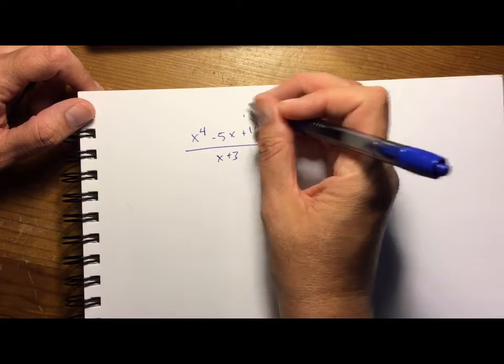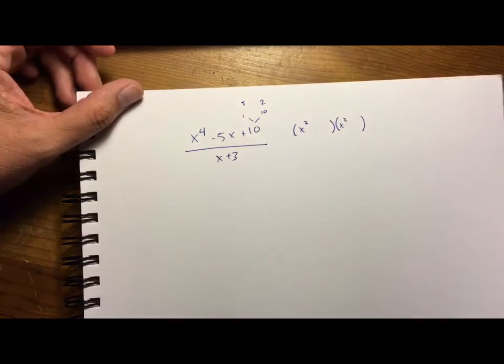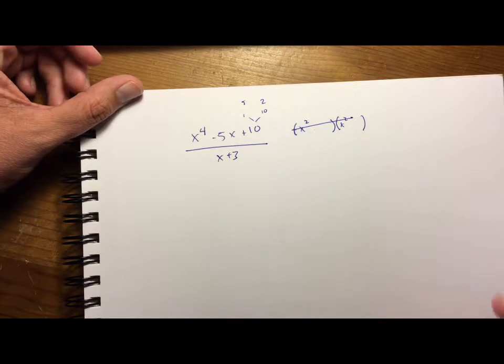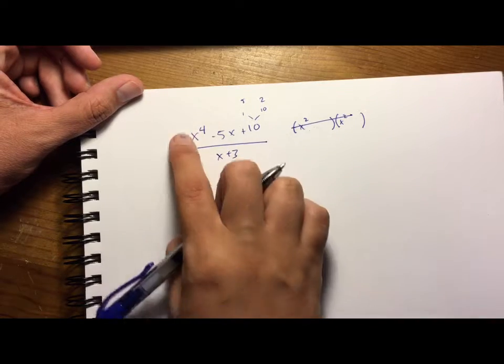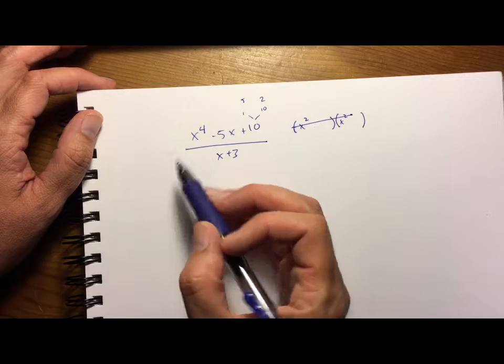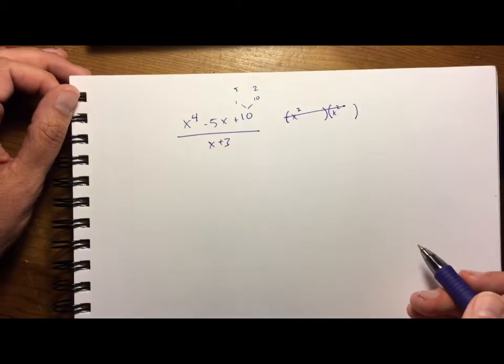It's either 1 and 10 or 5 and 2. Neither of these things are going to add to give us -5, so this can't be factored that way. It's not an umbrella method problem. We can't use the quadratic formula either because it's not a quadratic. It is a 4th power, a 4th order polynomial.